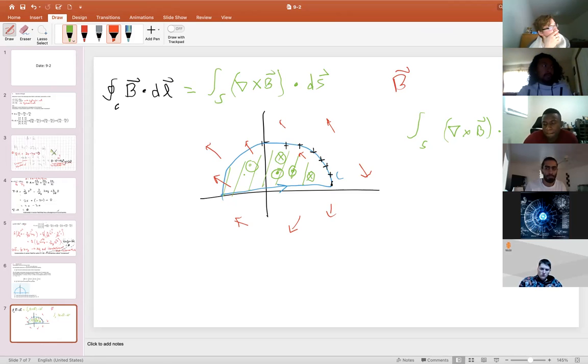But this basically is telling us some relationship between a surface integral and a line integral. And there's one in the video set that I gave you that describes this same thing. But what we call this is Stokes' theorem.